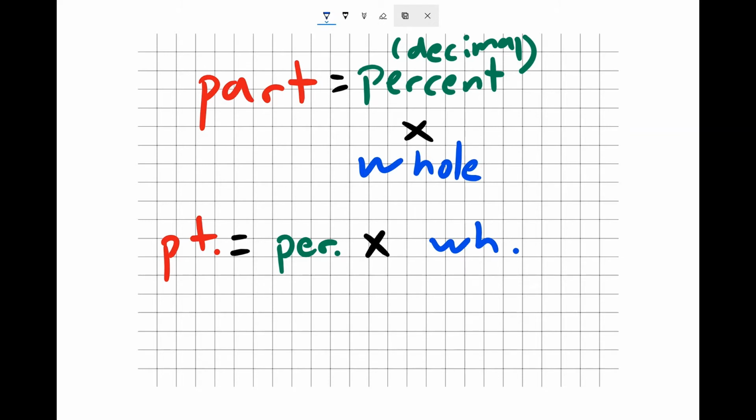Much like the previous section, your problems are going to give you two pieces of information. Your job is going to be to identify which one is missing. The way you would do that is, let's say for example, you are given the part and you are given the whole. You will plug that into your equation and then solve. This might look a little bit confusing, so let's do some examples to go with it.